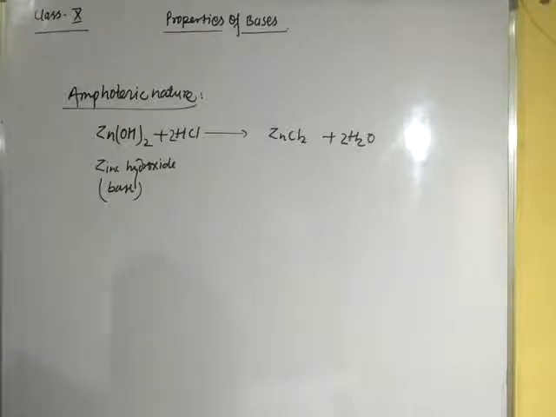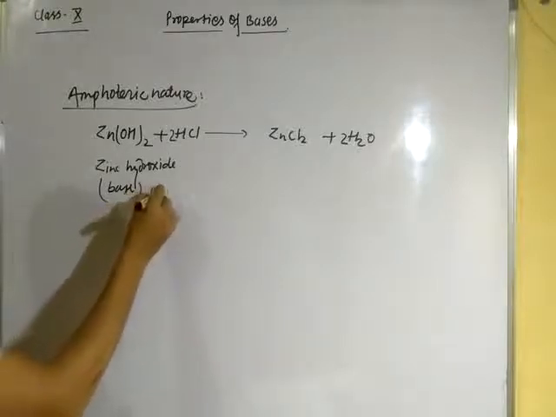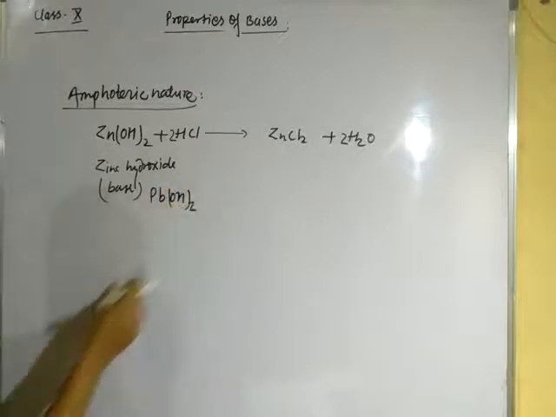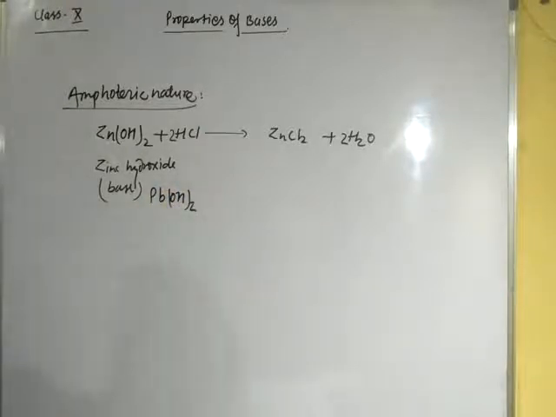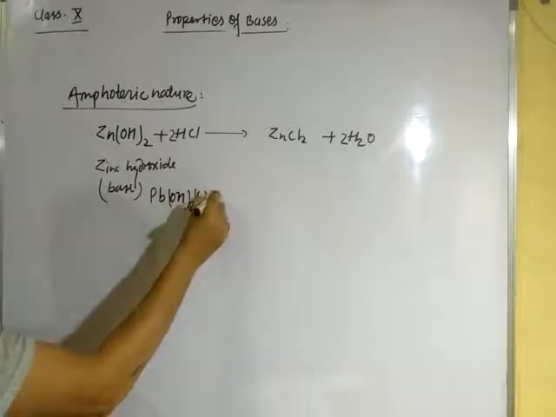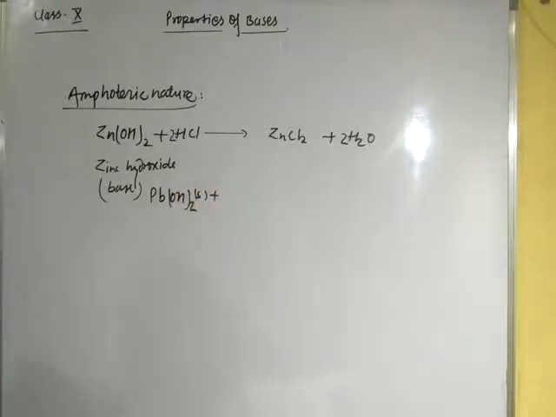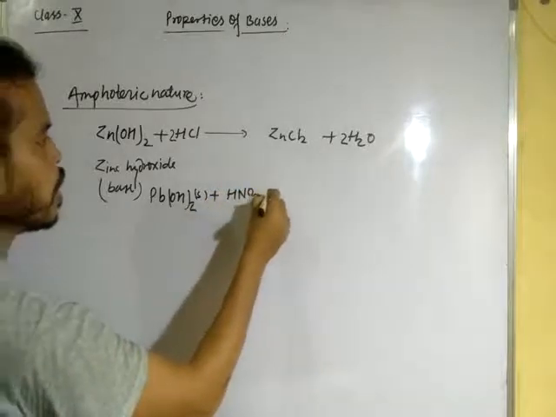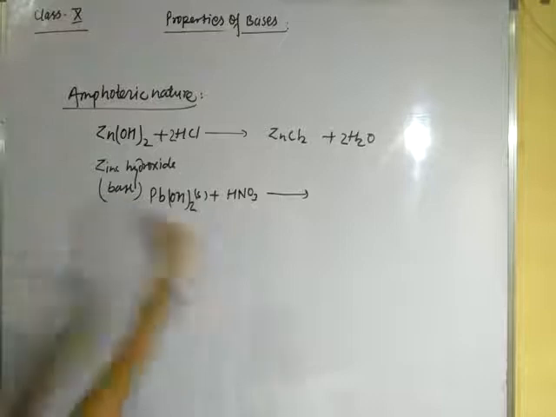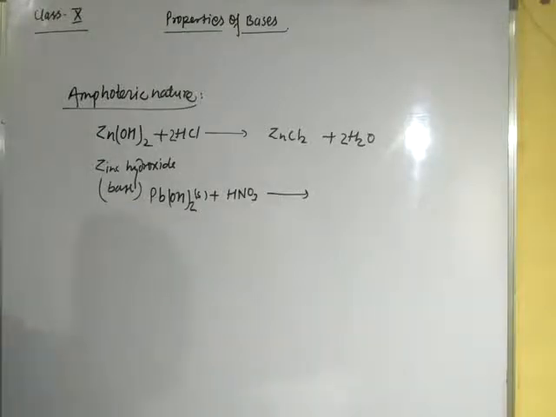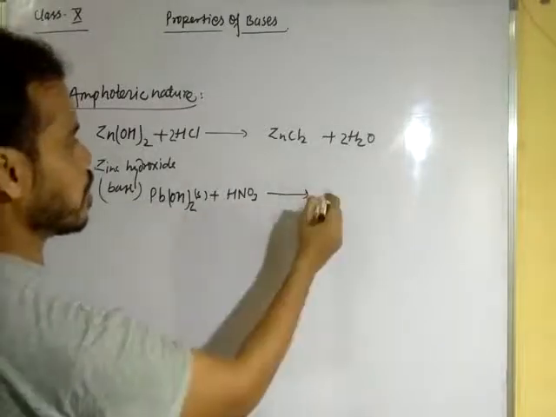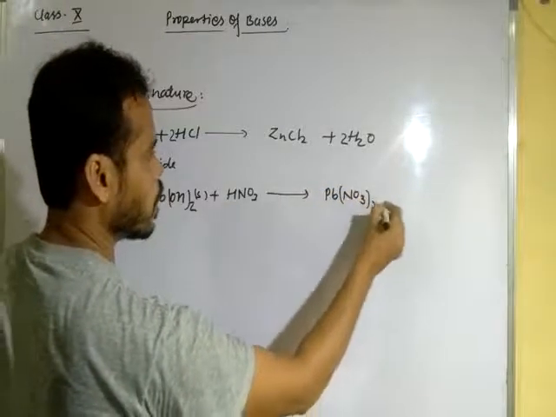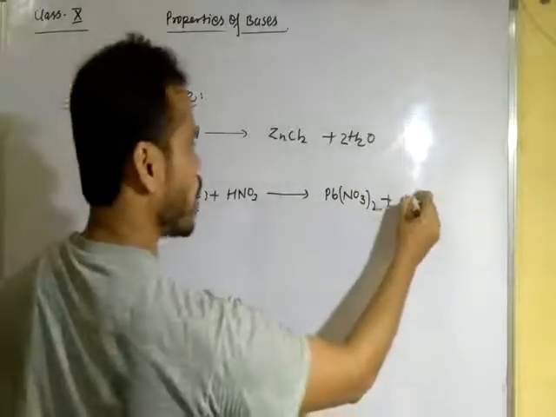Okay, dear student, when lead hydroxide, Pb(OH)2, in solid state, is treated with nitric acid, HNO3, it forms lead nitrate, Pb(NO3)2, and H2O as a byproduct.